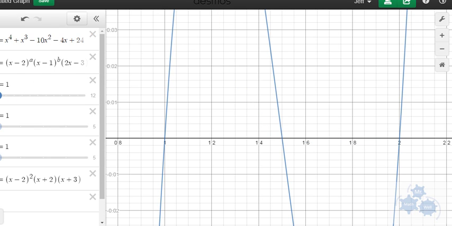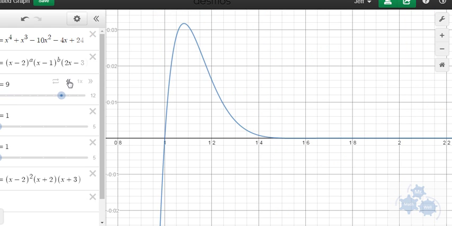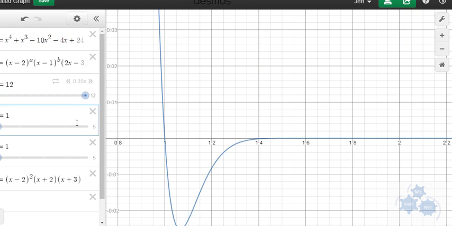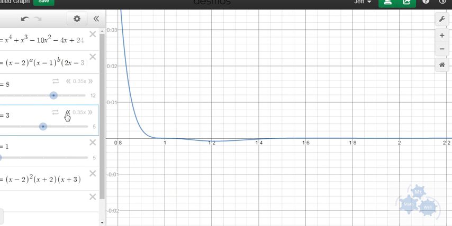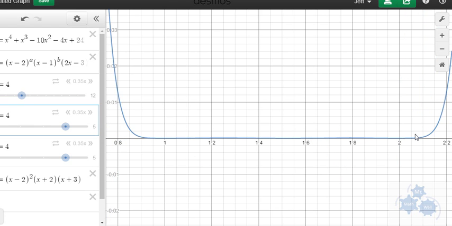Okay, now let's play them all together and see what happens. Let's slow that down. Okay, so the multiplicity is, notice that the actual intercepts themselves aren't changing.